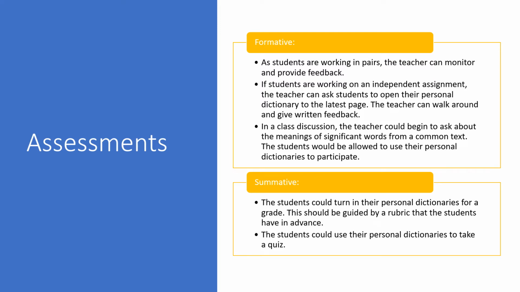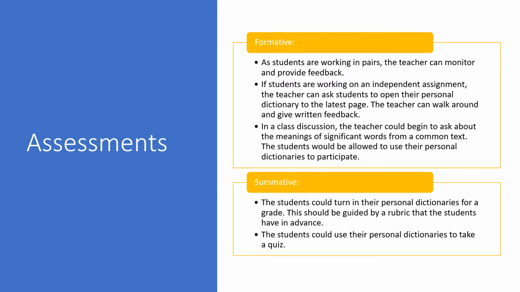Let them just put it out, and as they're working on that independent assignment, the teacher, pen in hand, or if it's a tech tool, a tech pen or a device in hand, could walk around and actually give written feedback to the students. The teacher could make comments for correction, like to refine the definition.